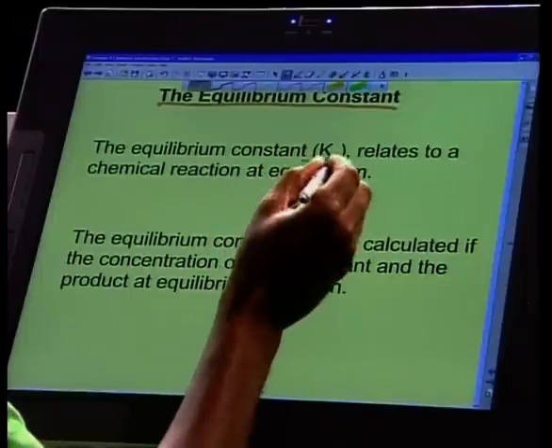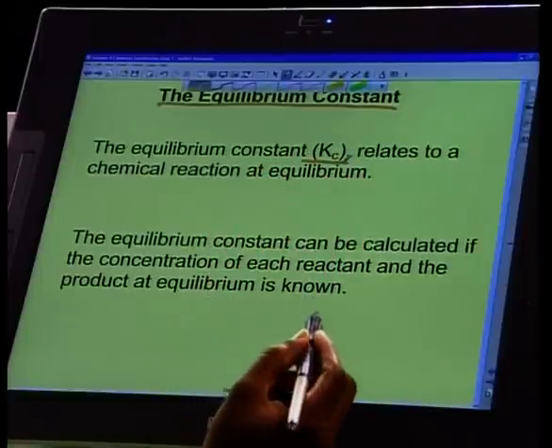Right, let's move on and look at something called the equilibrium constant. Like I said earlier on, the symbol for it is Kc.